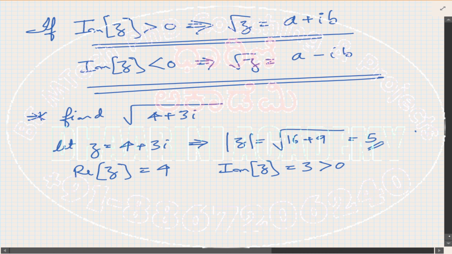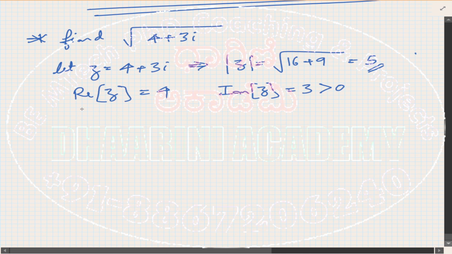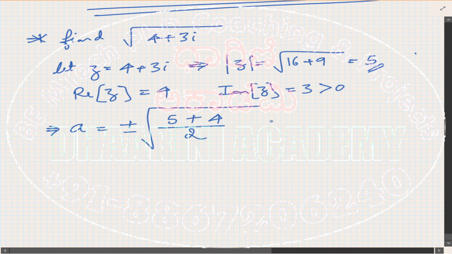So this implies let's calculate the a part now. A part is nothing but plus or minus the root, the magnitude of z, which is 5, plus the real part, so this is 5 plus 4 whole divided by 2.